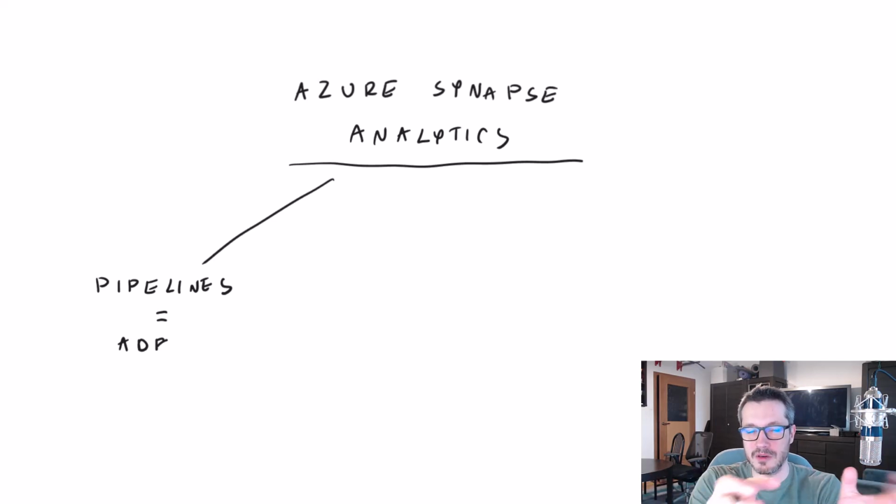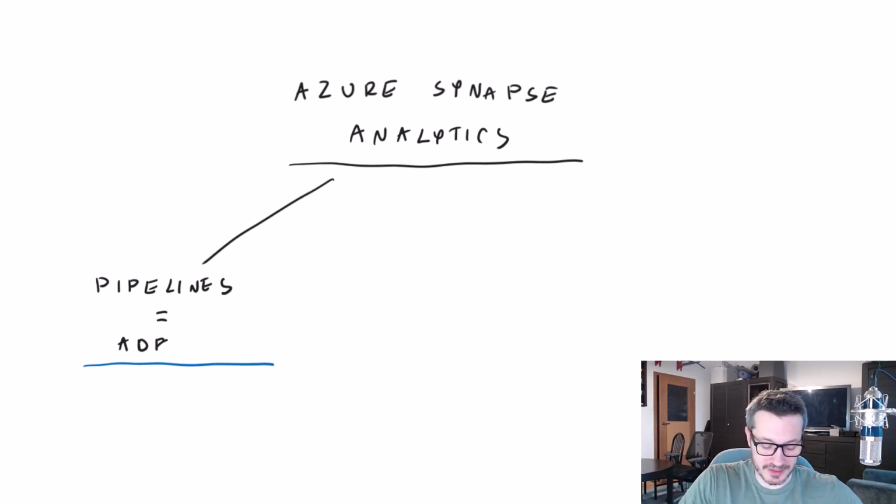What they did was to grab the code of Data Factory, incorporate it into Synapse and rename it to pipelines. And that will be the topic for today, because pipelines is the component of Synapse that is used for data ingestion, and we will be ingesting data today.